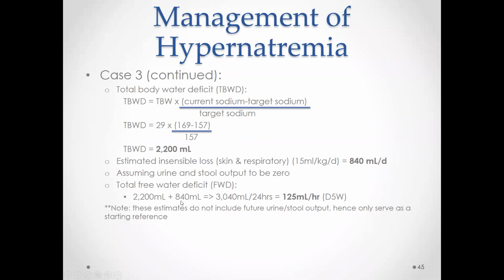Then we get a total of 3,040 milliliters, which is divided by 24, and you get 125 of D5W. So note these estimates only help as starting points. We do have to monitor the sodium and go up or down based on the patient's response, because they could have ongoing GI loss as well.